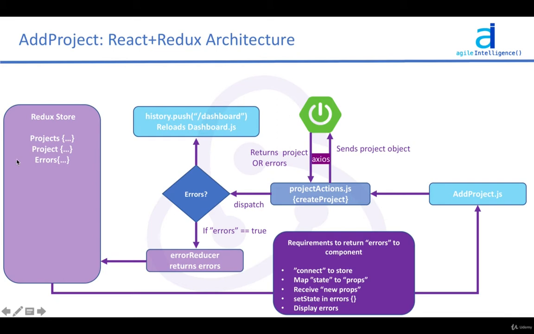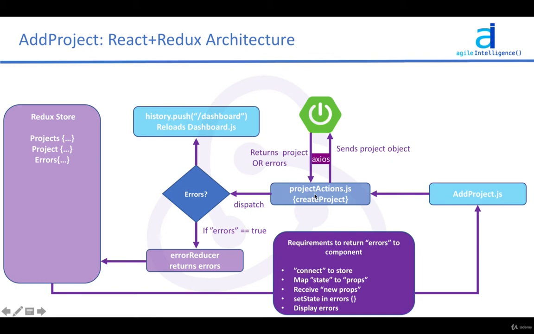Once the errors are here, in this very specific use case, we have to connect our add project component to the store. Then we have to map the state to props, right? Then we have to make sure that we receive the new props, which means when this is loaded, it receives properties.